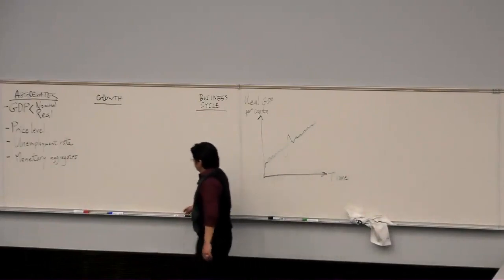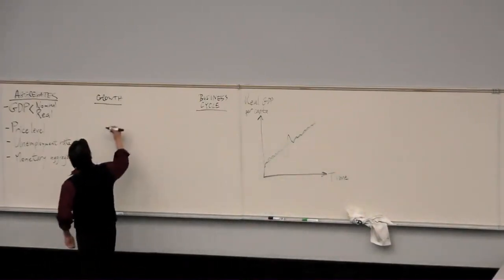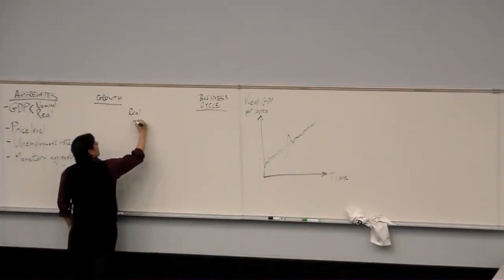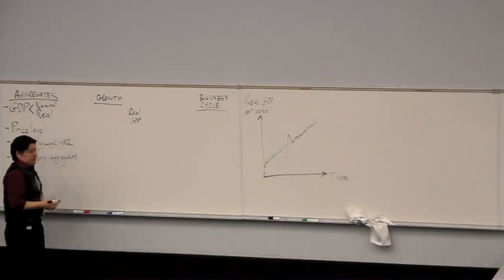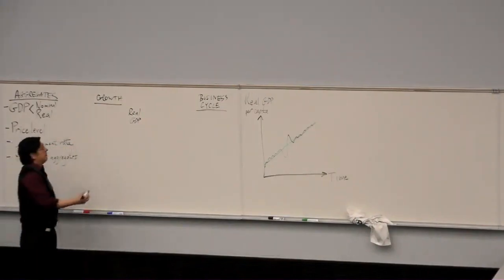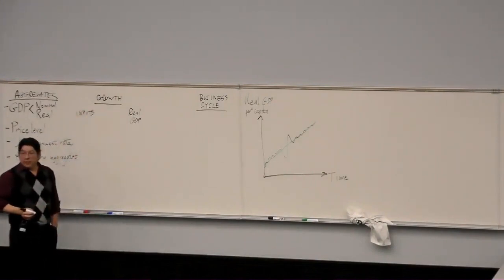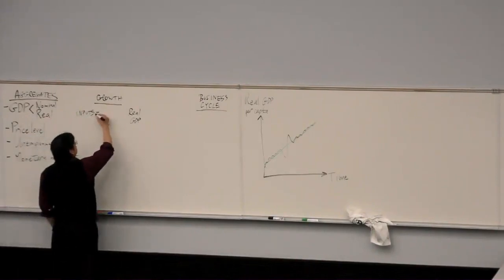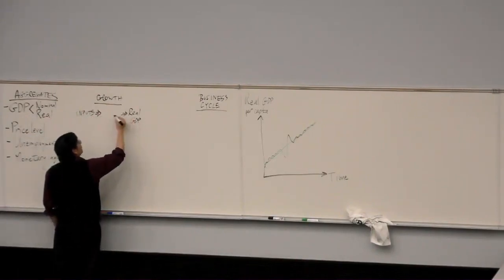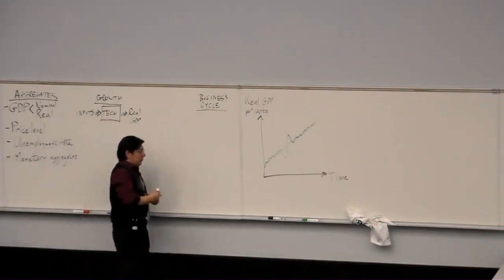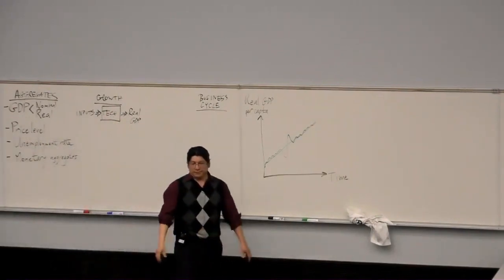So we turned to economic growth and we came up with this idea that real GDP, so all the final goods and services out there, are produced by having a whole bunch of inputs that are then combined using a collection of procedures that we summarized under the term technology.